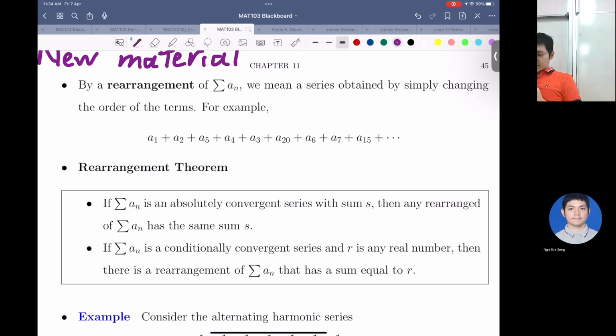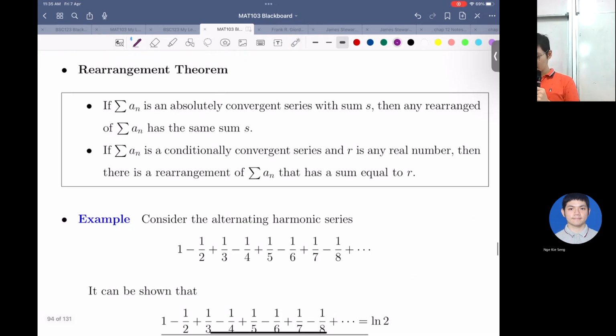This theorem is quite strong. If R is any real number, then there's a rearrangement of a_n that has a sum equal to R. So you can rearrange such that you get any number R. It literally equals any real number, using the same series but a different rearrangement. I think this is quite surprising.